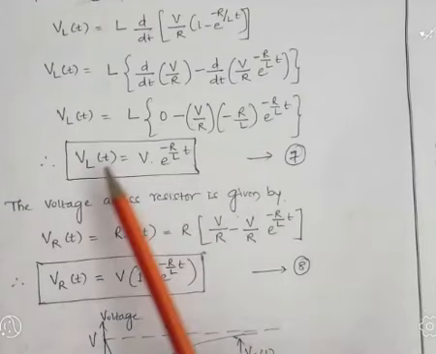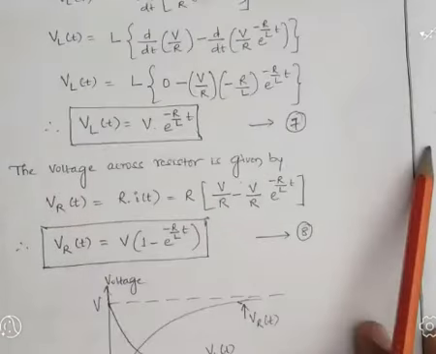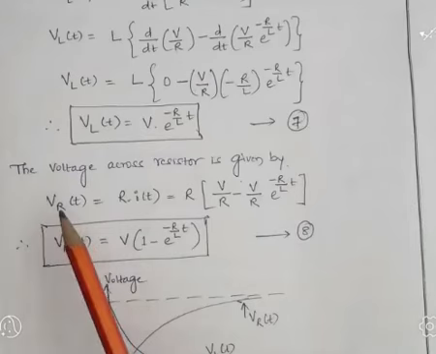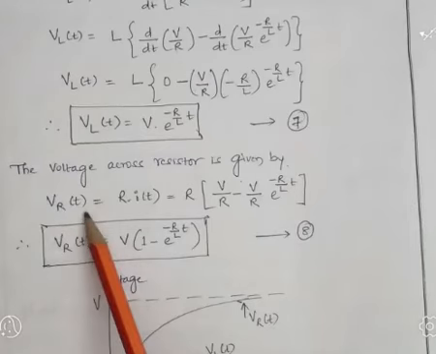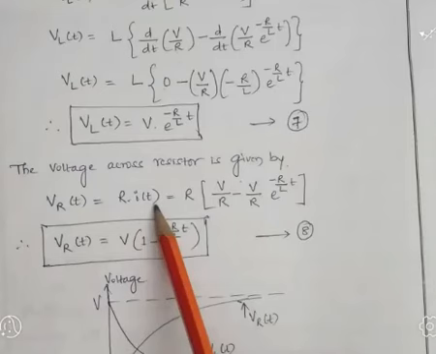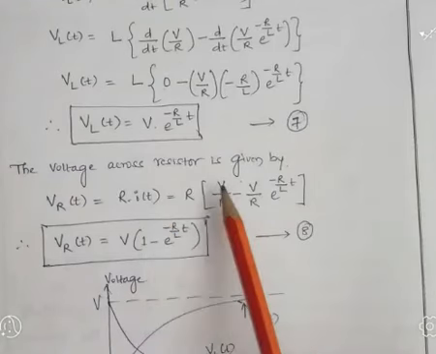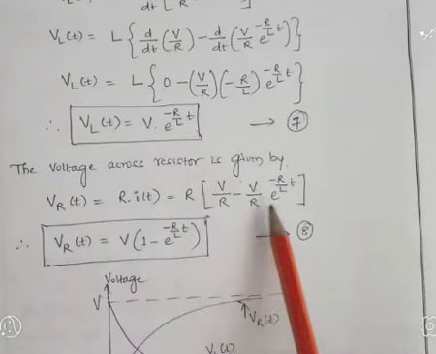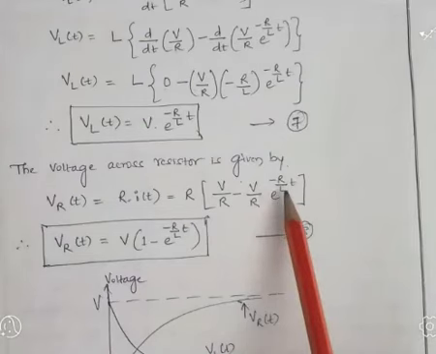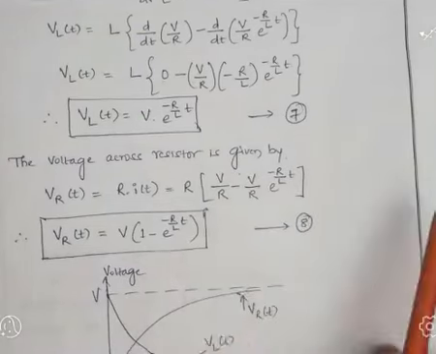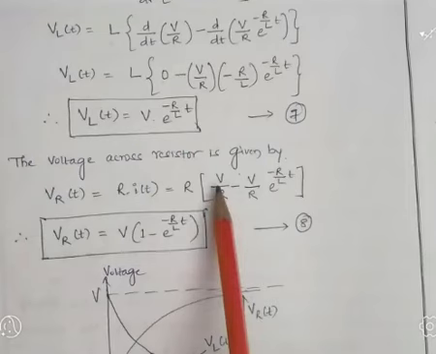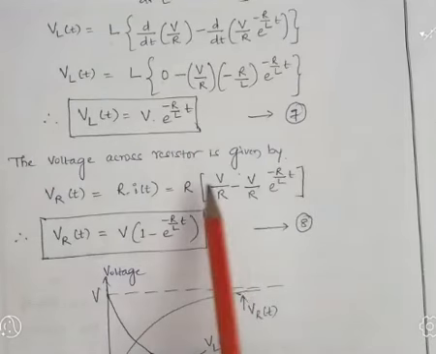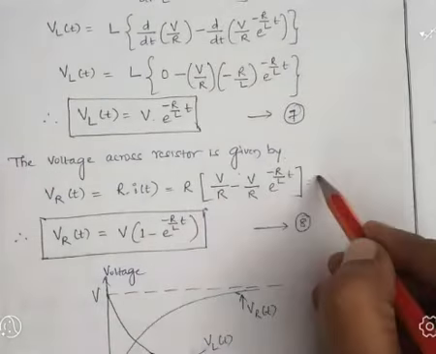Now let us calculate voltage across the resistor. That is indicated by VR of t. VR of t equal to R into i of t. i of t is already calculated. Substitute here V by R minus V by R into e to the power minus R divided by L into t. Let us take V by R common. R as it is.